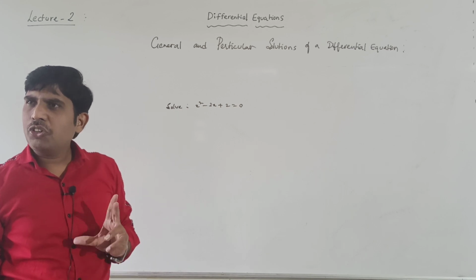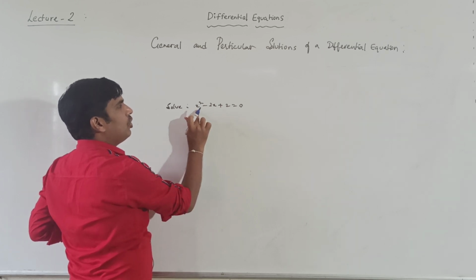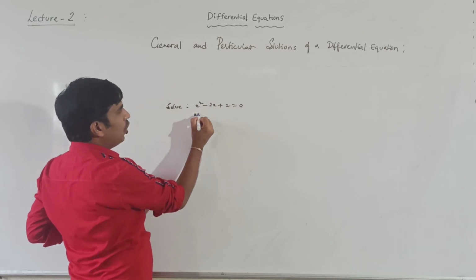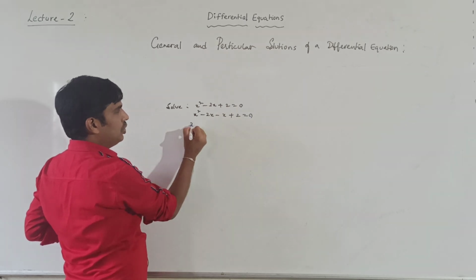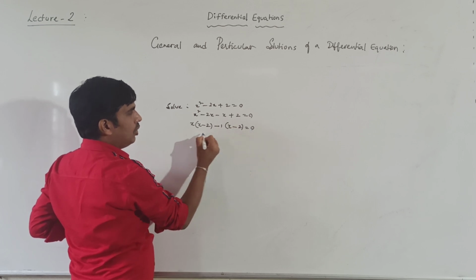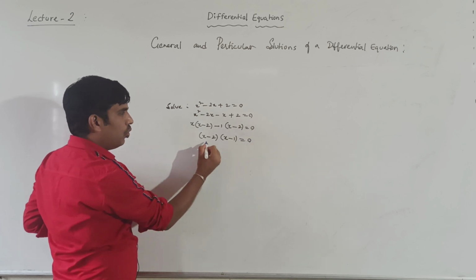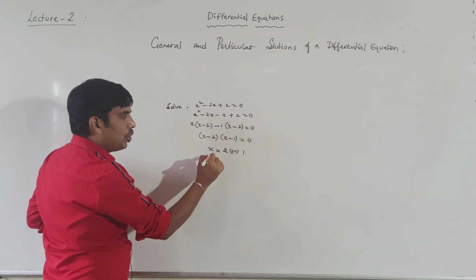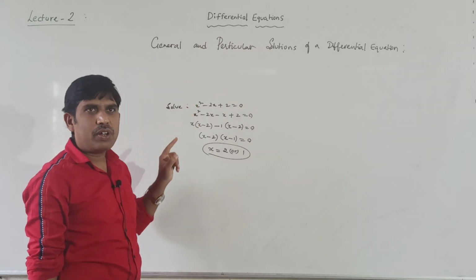Solving this quadratic equation, we are finding the roots. x square minus 2x minus x plus 2 is equal to 0, x into x minus 2 minus 1 into x minus 2 is equal to 0, x minus 2 into x minus 1 is equal to 0. Finally we get x values 2 or 1. So these are called solutions of the given quadratic equation.